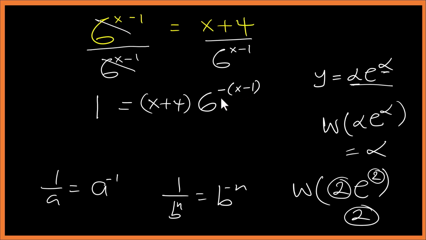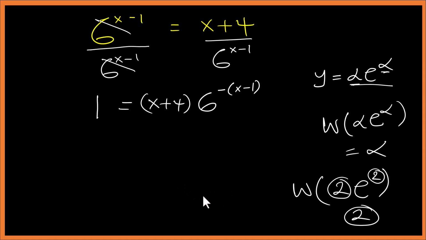Okay, have that. Now let's manipulate this one. We will introduce algebraic manipulation here. Remember, we want to get what is here. We want to make what is here and what is there equal, so that we can take the Lambert W function. Okay, so we have 1 equals x plus 4.